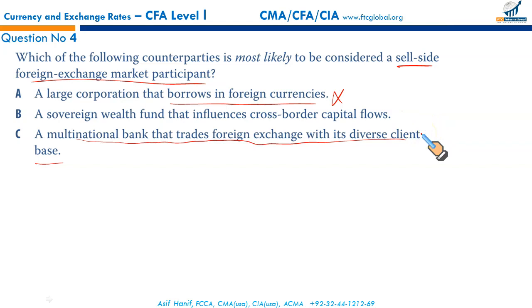The sell side generally consists of large banks that sell foreign exchange to their clients, to the buy side clients. So these banks act as market makers, quoting exchange rates at which they will buy, which is also called the bid price, or the price at which they will sell. This is called the offer price. So that makes C to be the correct option.